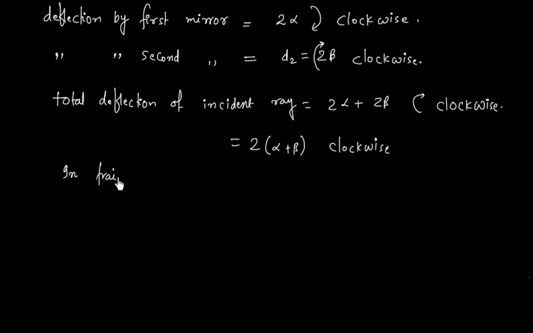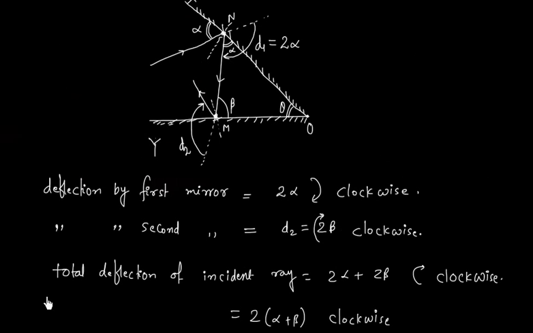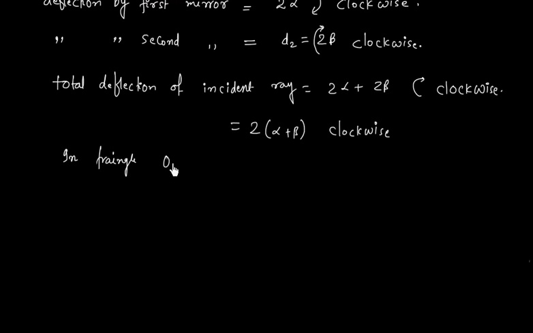So in triangle OMN, we can say alpha plus beta plus theta is equal to pi. This means alpha plus beta is equal to pi minus theta.